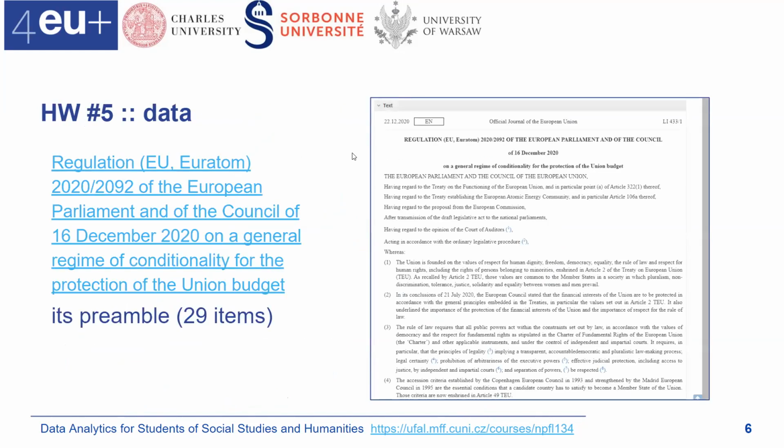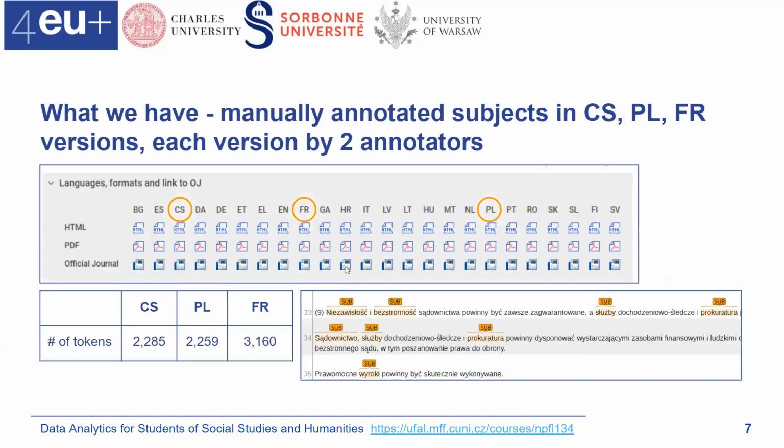So we selected the European Union regulation, and namely we selected its part, its preamble, that contains 29 items. We have manually annotated subjects in the Czech, Polish, and French versions of the regulation, and each version is annotated by 2 annotators.